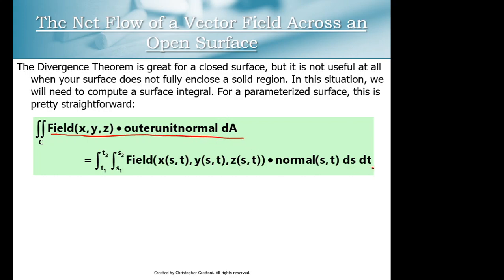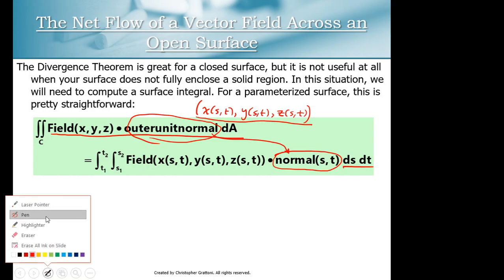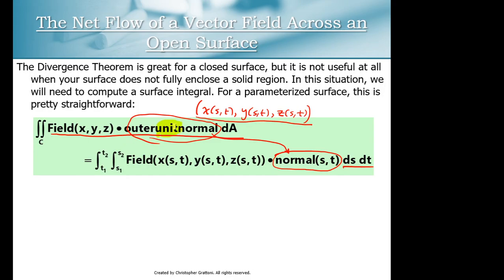Turns out that when we parameterize our surface in terms of s and t, our surface is described by an x of st, a y of st, and a z of st. When you do that parameterization, this outer unit normal changes into just normal of st. Now, we do want to make sure that our normal vectors are pointing out, but this whole unit thing, to be honest, you don't really need to worry about unit normals so much during this chapter. We're going to get away with regular normals.